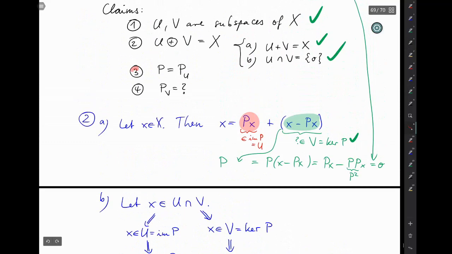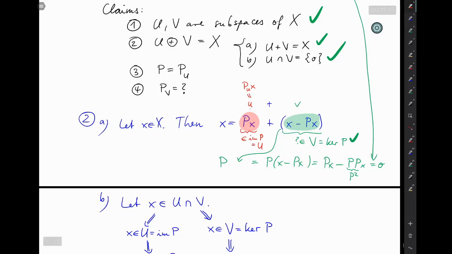Okay, now to check claim 3, you have to remind yourselves what the job of that PU was. Well, imagine you split your x into its unique decomposition little u plus little v, and then knowing that these are unique, the PU of x would just be equal to that little u here.